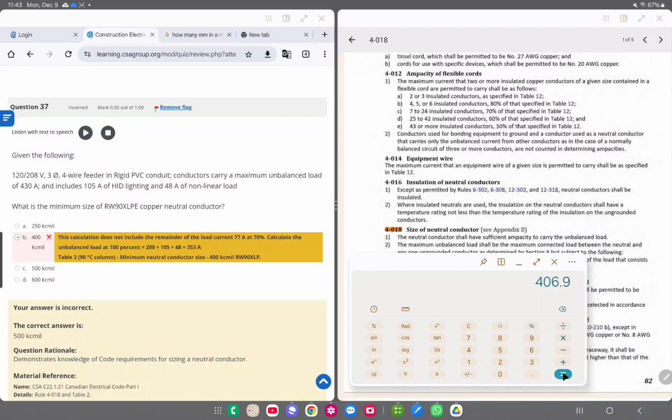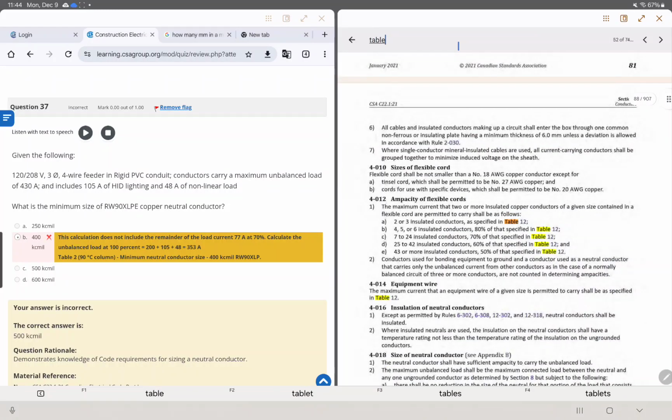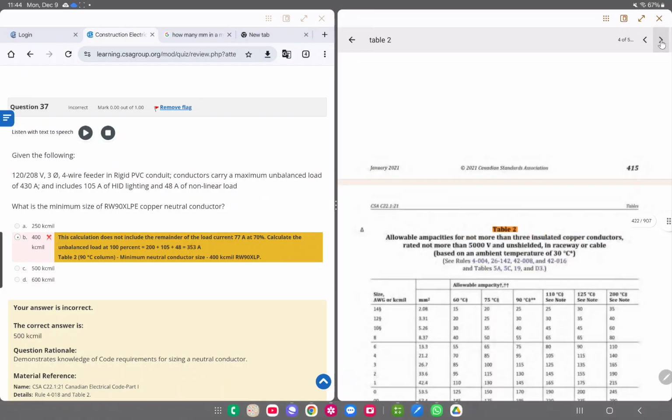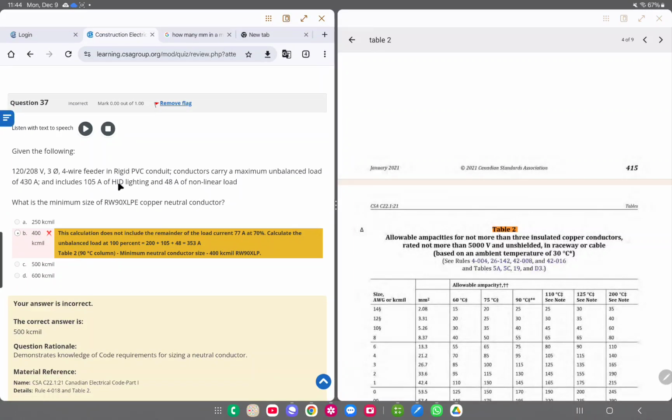Now that we have our 406.9, we're going to go to Table 2. So here we are at Table 2, and I'm pretty sure there's no mention of breakers, anything to give us any termination temperature.